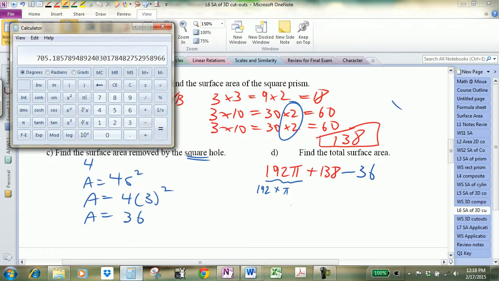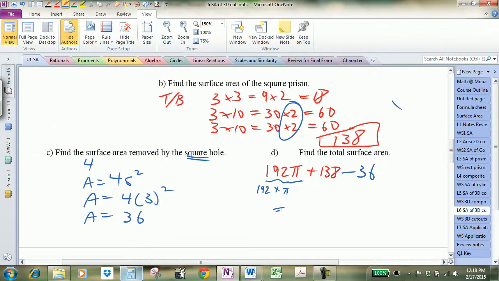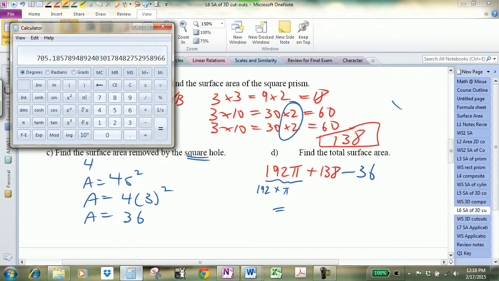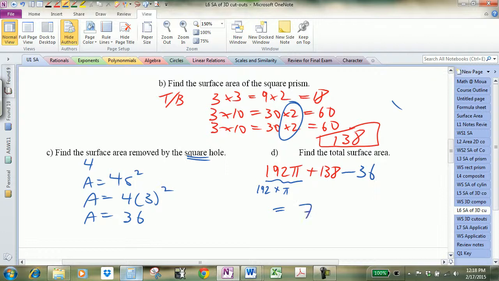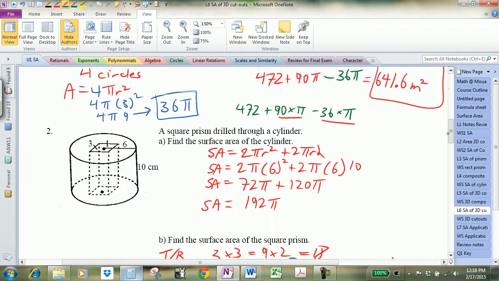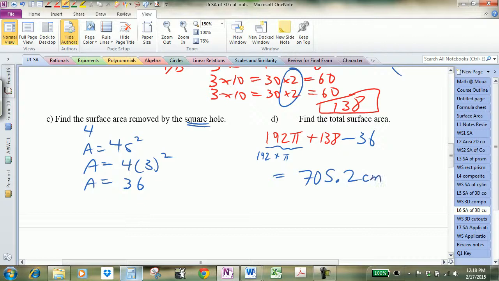Round to the nearest tenth. So 705.2 centimeters squared.